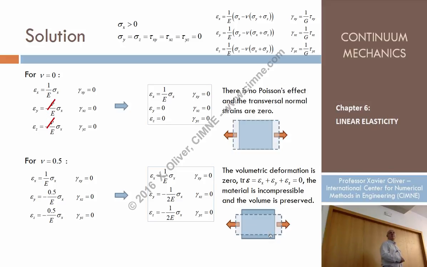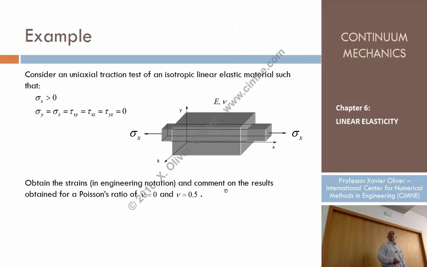So the way of representing an incompressible material in linear elasticity is just by putting nu equal 0.5. Okay? If nu is equal 0.5, then the material behaves incompressibly. If we produce an elongation in one direction, that is what we would have here, then we have a reduction in the other two directions, so the amount of volume is the same.